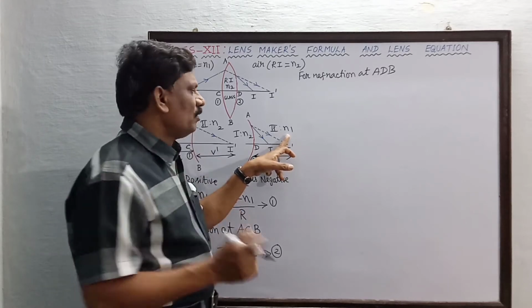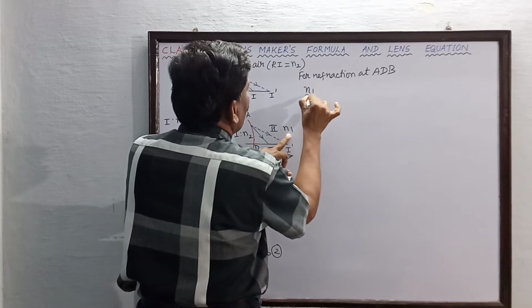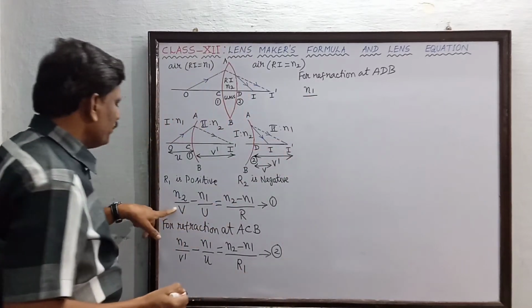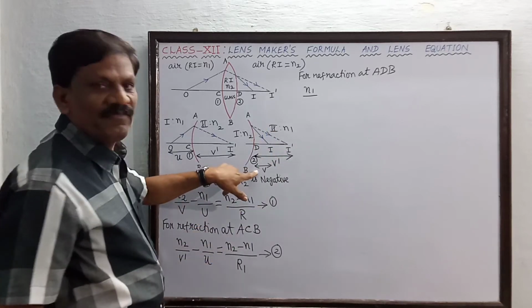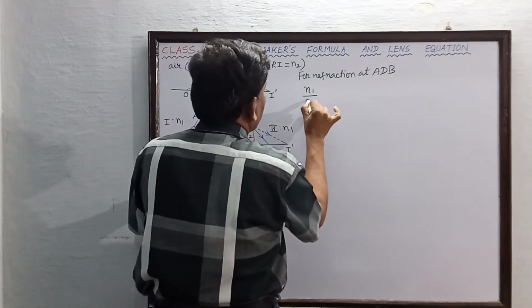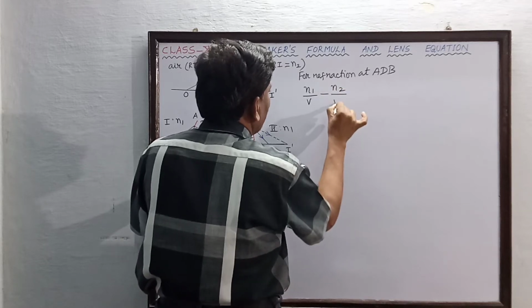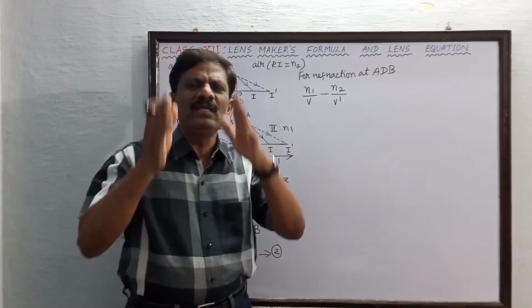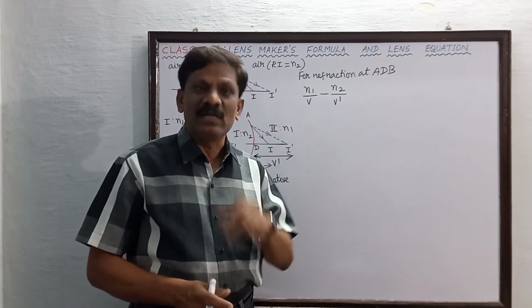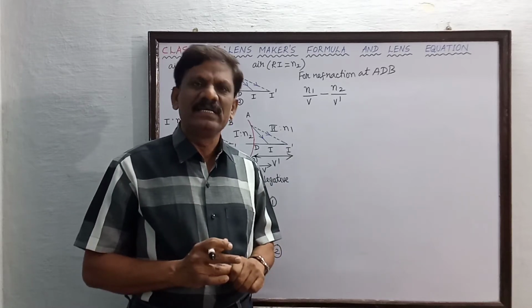Understand? So the refractive index of the second medium, I have to write n1 divided by image distance. So in this case, image distance is v. So n1 by small v minus n2 divided by v dash. This is the object distance. This is the only point which will confuse you first. Don't get confused. Understand?